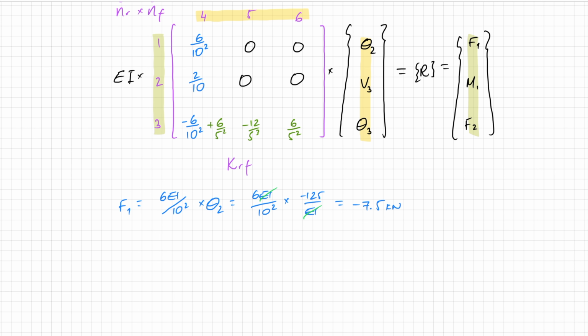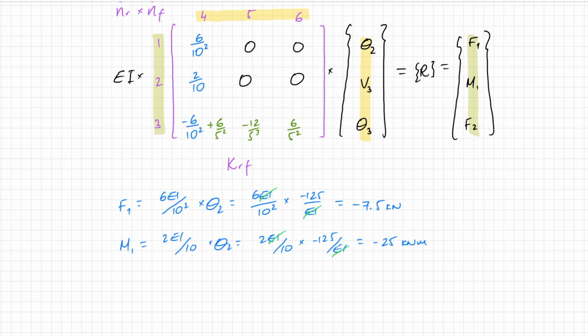Moving on to the moment at degree of freedom 2, or M1, we have 2EI over 10 times theta 2. That gives me 2EI over 10 times, once again, minus 125 over EI, and again, EI and EI cancel each other out, and I'm left here with minus 25 kilonewton meters.